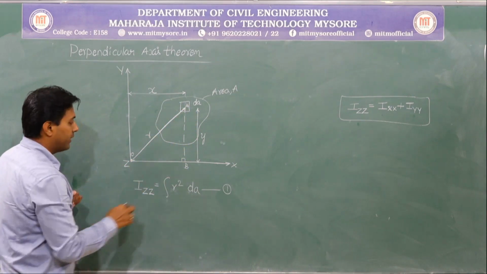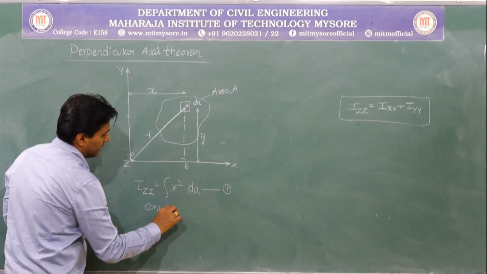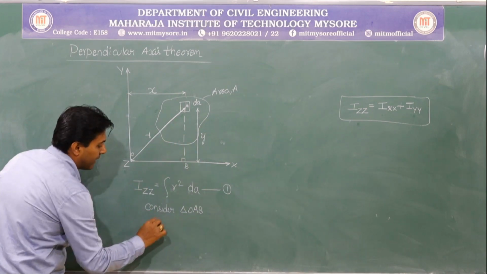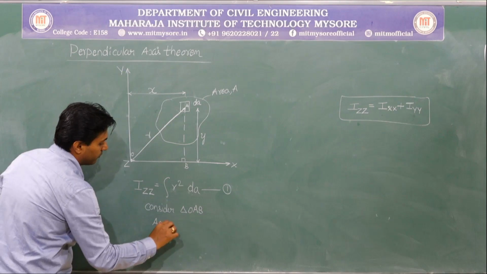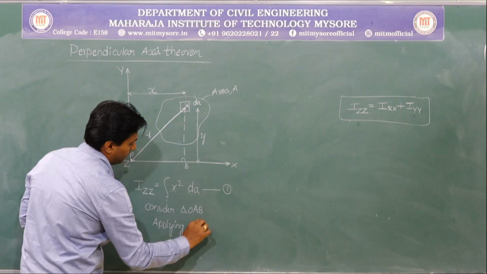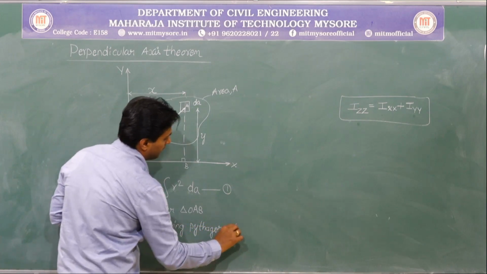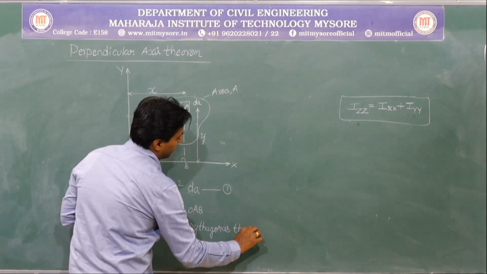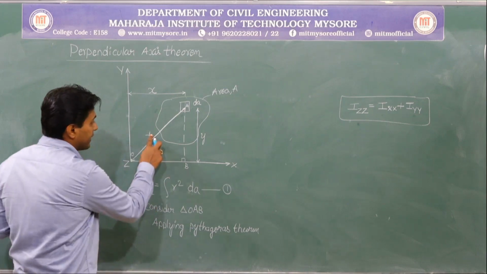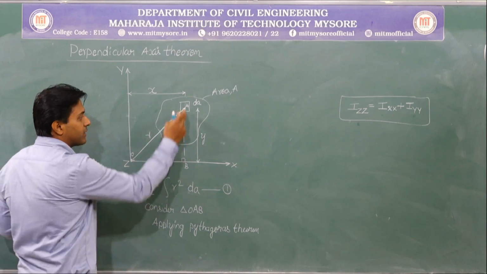Now consider triangle OAB and apply Pythagoras theorem. I think you know what Pythagoras theorem is: hypotenuse square is equal to the sum of the squares of the adjacent sides.